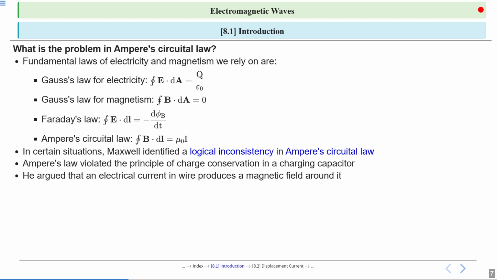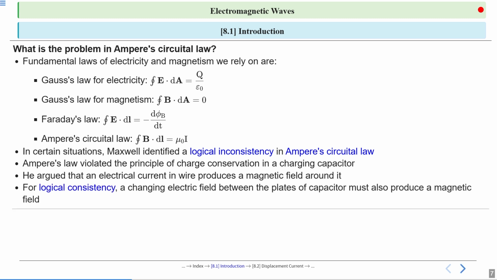He argued that an electrical current in a wire produces a magnetic field around it. This is true. But for logical consistency, a changing electric field between the plates of the capacitor must also produce a magnetic field. There was a deflection of the needle when it was placed inside the plates of the capacitor.